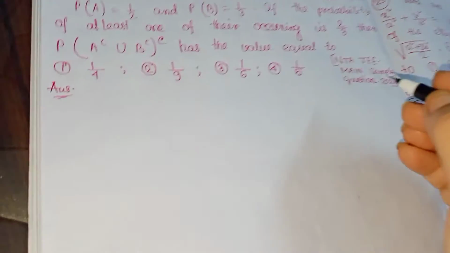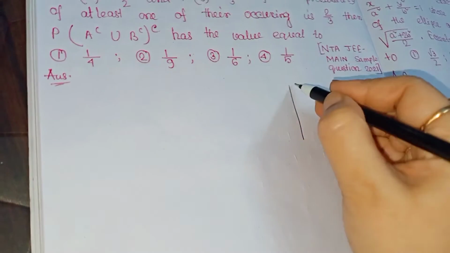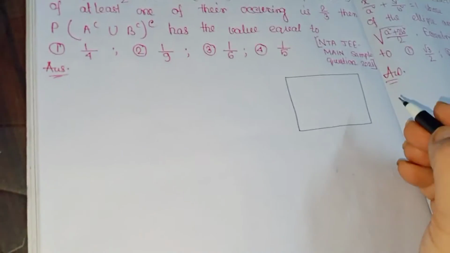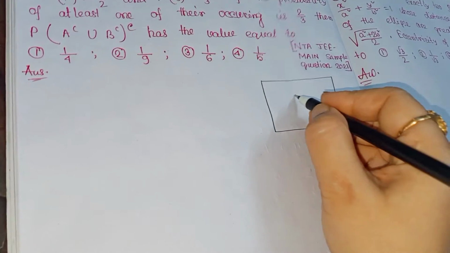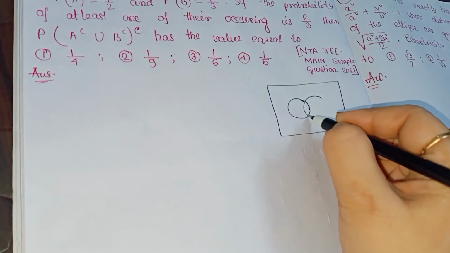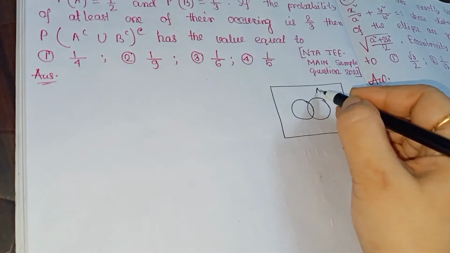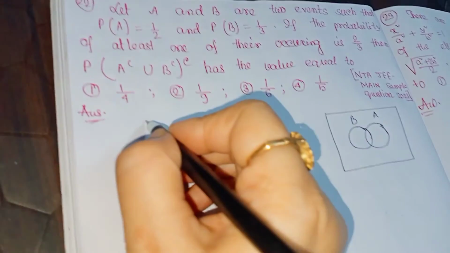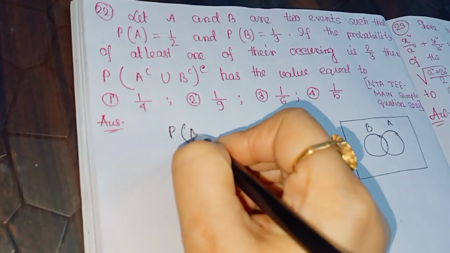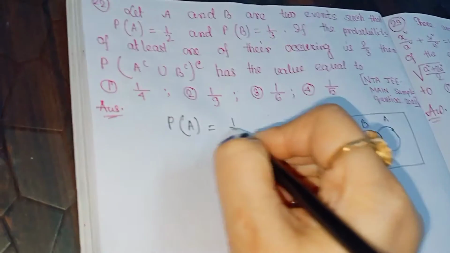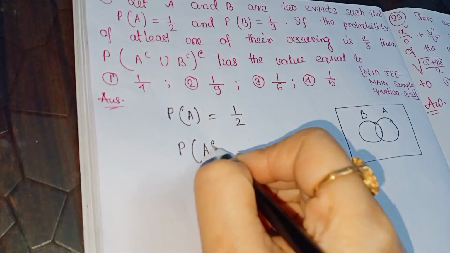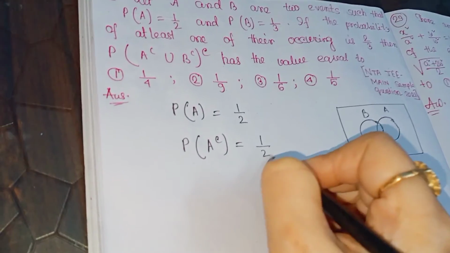So at first we are trying to solve with a Venn diagram. So here are the two sets, that is A and B. This one is A and this is B. So P(A) is equal to 1/2, given, and we know P(A complement) is equal to 1/2 also.